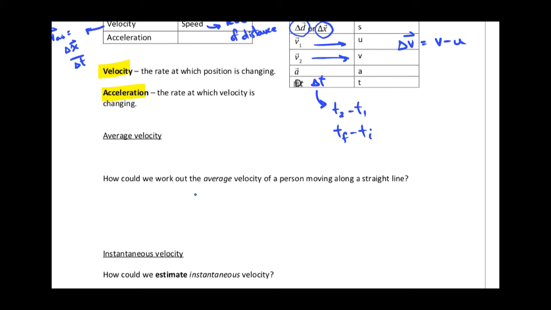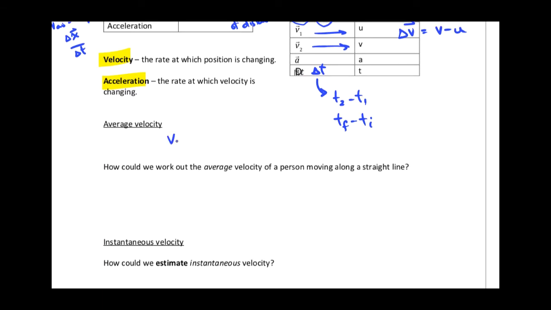Okay, then we talked about average velocity, and we said that the definition of average velocity is, to use the notation that I would prefer, delta x over delta t. That's the change in position over the change in time. Remember that we said that the IB will call this s over t.